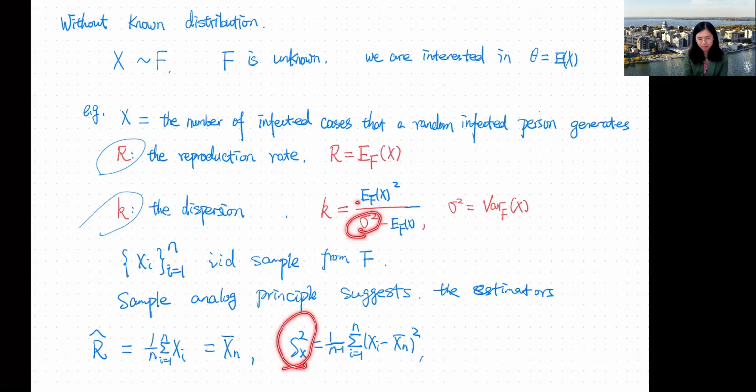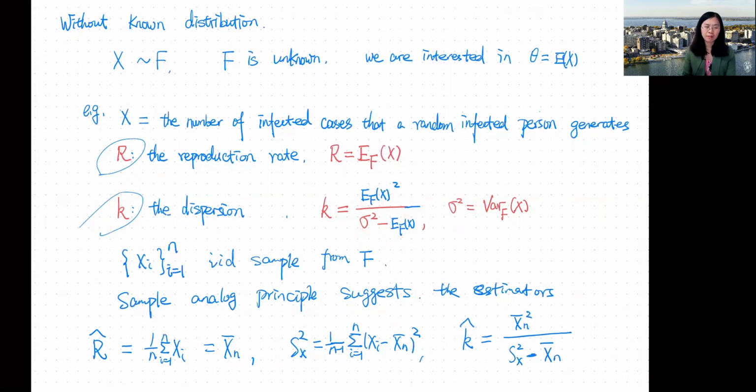So you have an estimator for all of these quantities. You can plug them in and get an estimator for K. That will be the sample analog estimator for the K value.